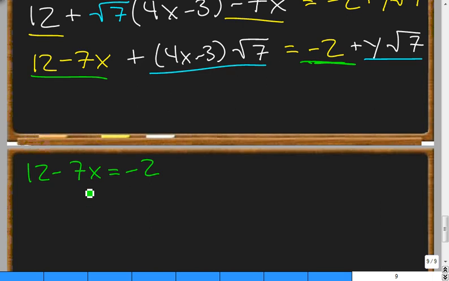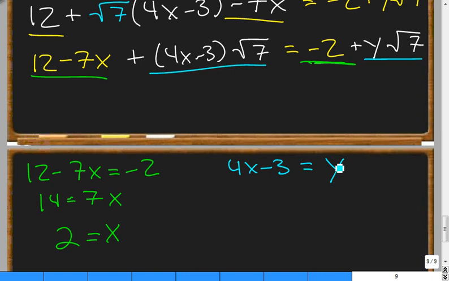When I solve, I'm going to move some stuff around: the negative 7x over and the negative 2 over. So you're going to get 14 equals 7x, and x is going to equal 2. On the other side, 4x minus 3 equals y, because those are both the coefficients of the square root of 7.